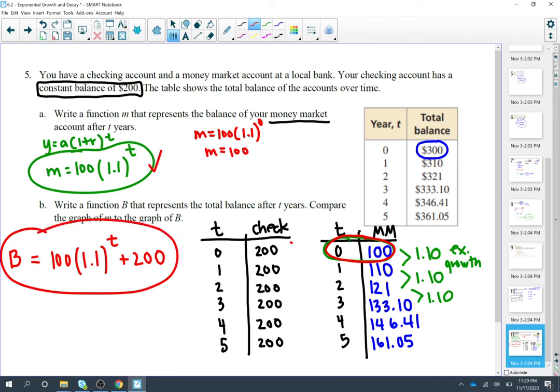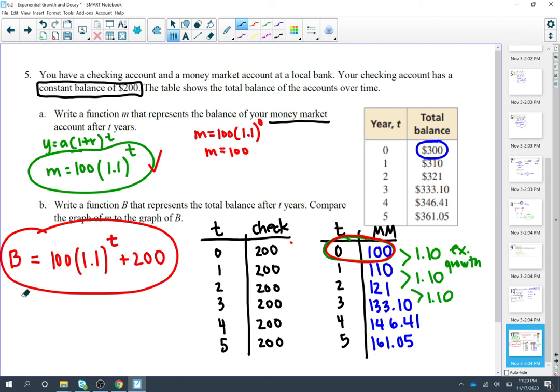Now, it wants us to compare the graph of M to the graph of B. I'm not actually going to draw these graphs. They're kind of large, but we're going to think about it. If I were to graph M and then I were to graph B, what's the big difference here? We're not going to get too into it, but it's the plus 200.